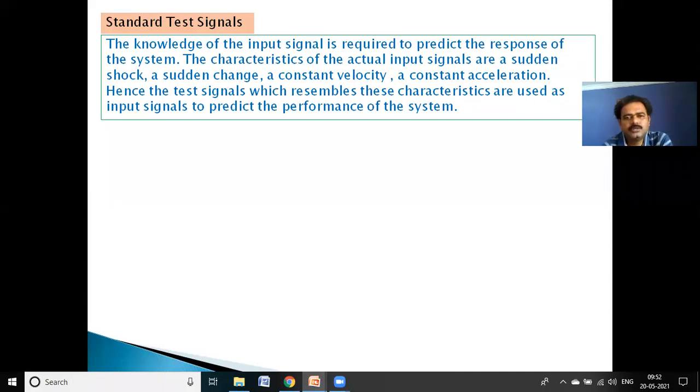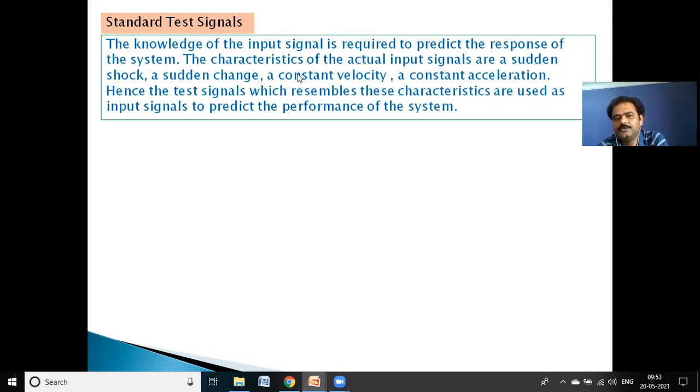The characteristics of the actual input signal are a sudden shock, a sudden change, a constant velocity, and a constant acceleration.